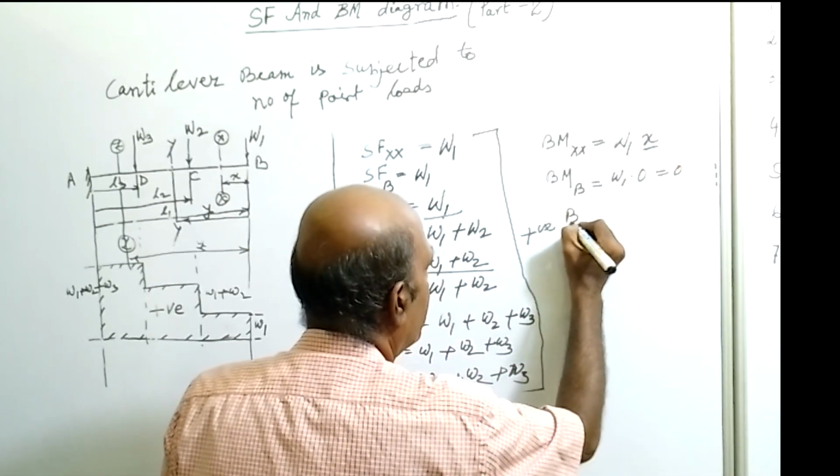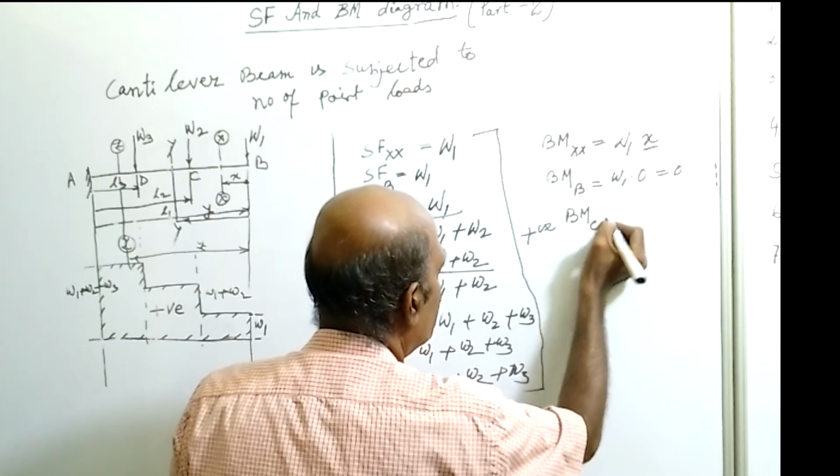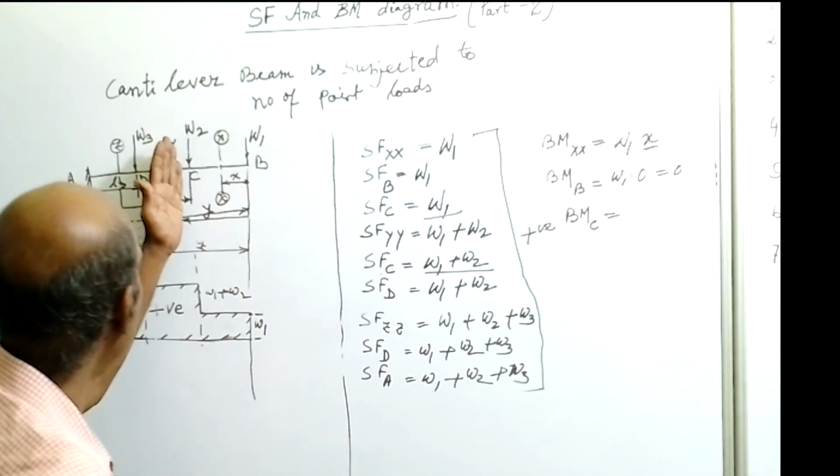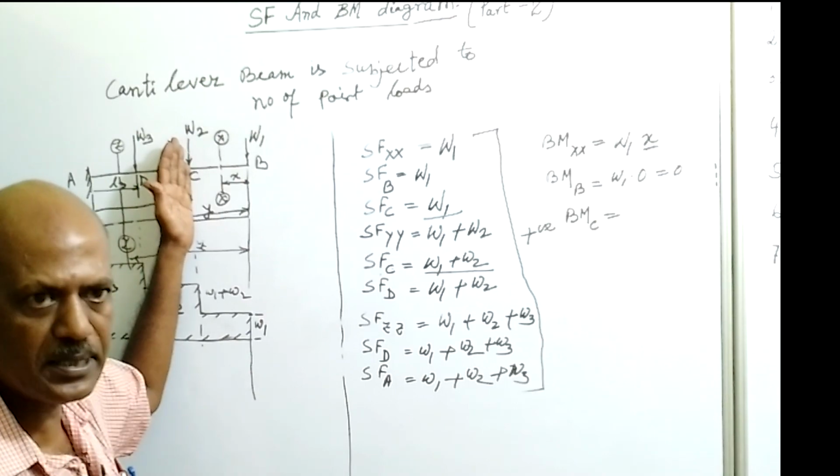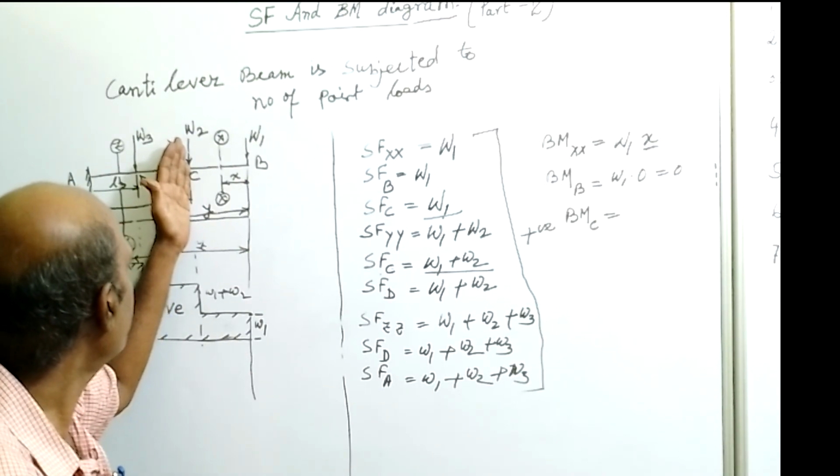Now we will find the bending moment at point C. When we slide this x-axis section to point C, what will be the x value?